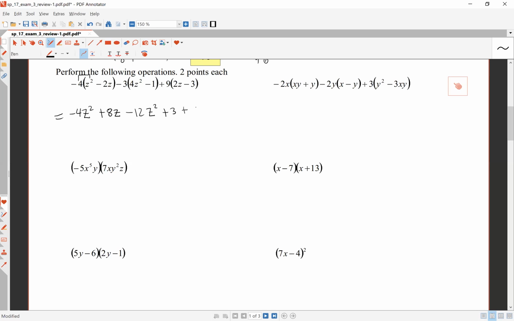Plus 9 times 2z is 18z, and 9 times -3 is -27. Now we look for our like terms. -4z squared minus 12z squared is -16z squared. 8z plus 18z is 26z. And 3 minus 27 is -24.